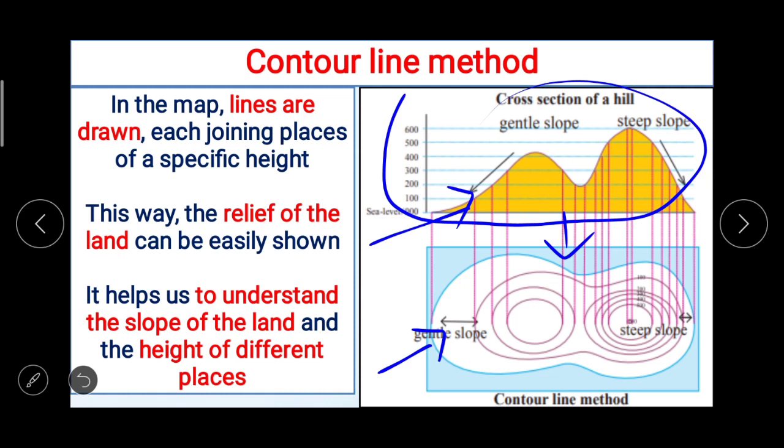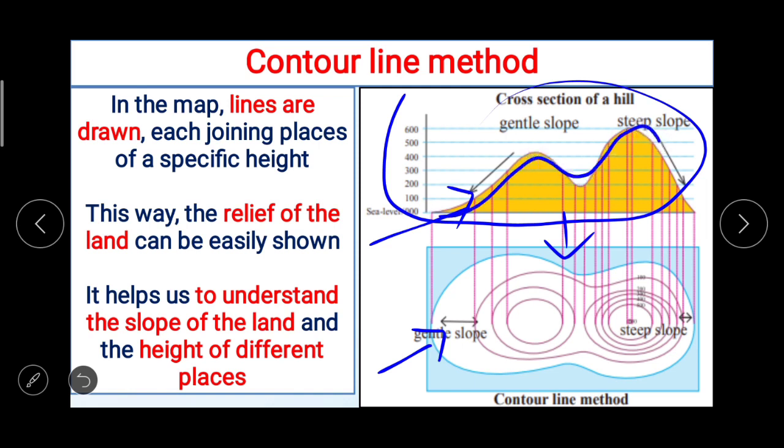So in the map, lines are drawn each joining places of a specific height, and this way the relief of the land can be easily shown. It helps us to understand the slope of the land and their height of different places. So here is the slope.